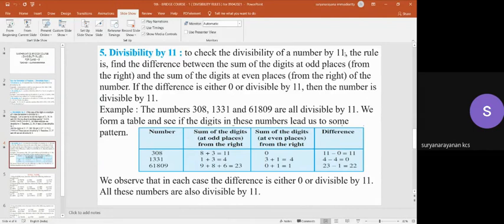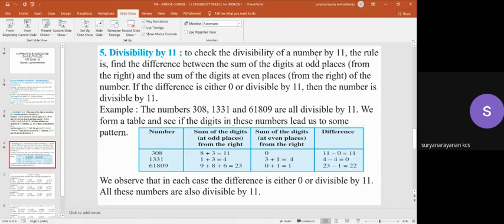If the difference of these two sums is either 0 or divisible by 11, then the number is divisible by 11. To understand this rule, let us take an example.